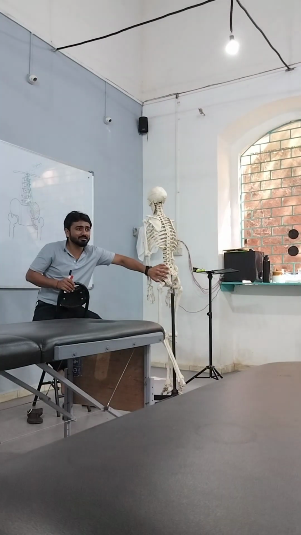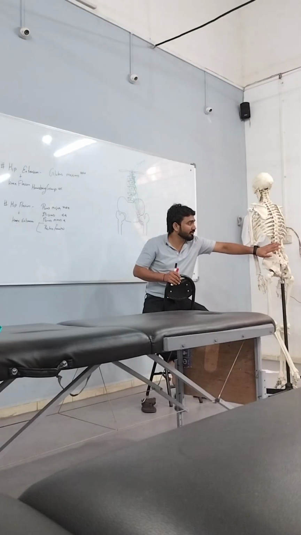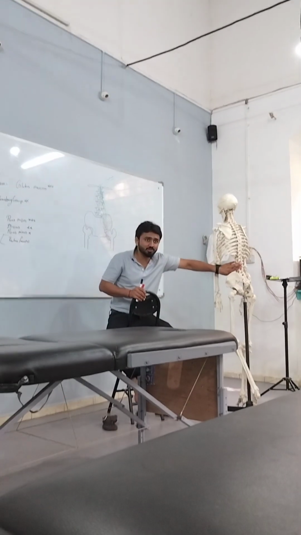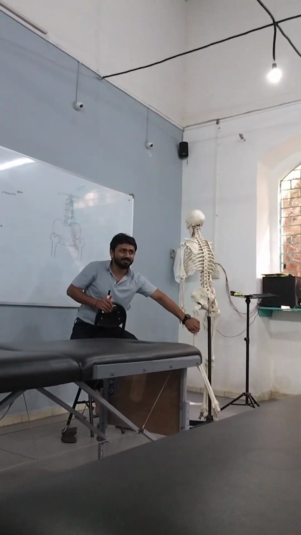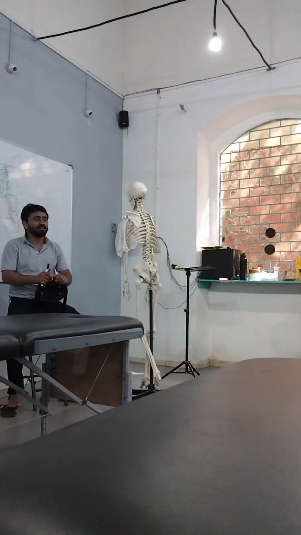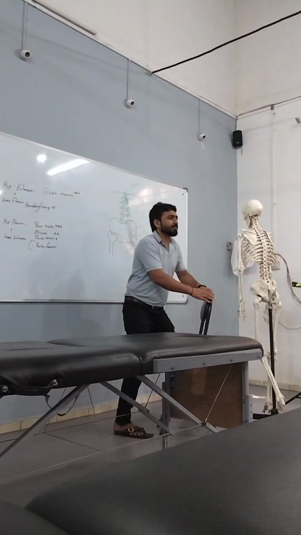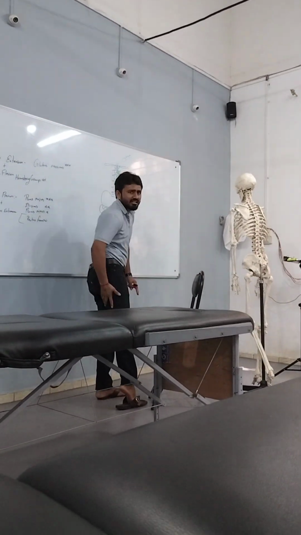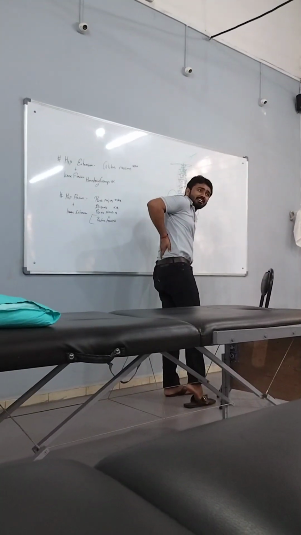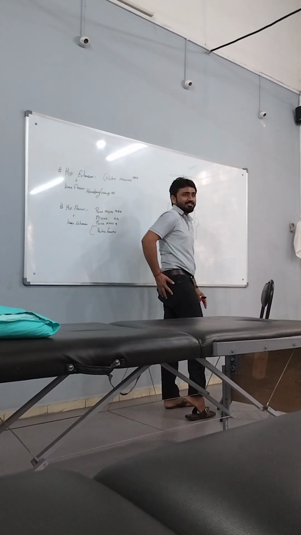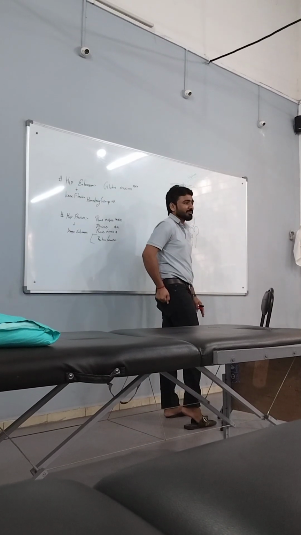If this part becomes weak, you will use these muscles more. And the patient will complain of pain here and here, like this whole part. Pain is here also and here also. That comes from your glute muscles.